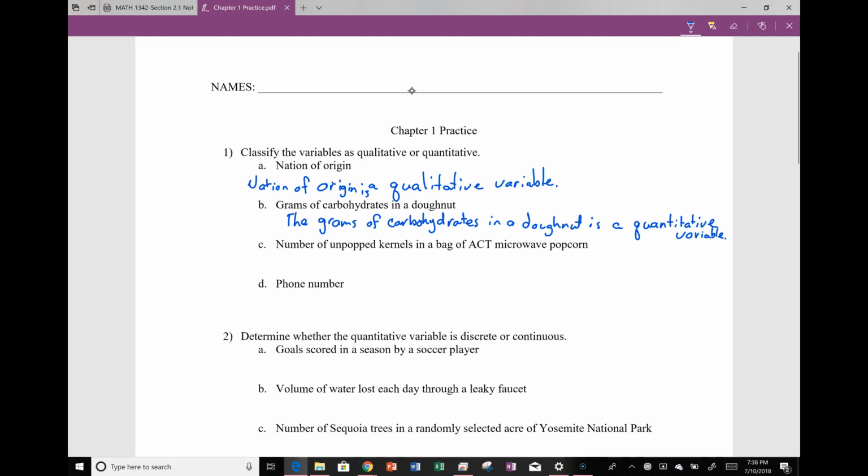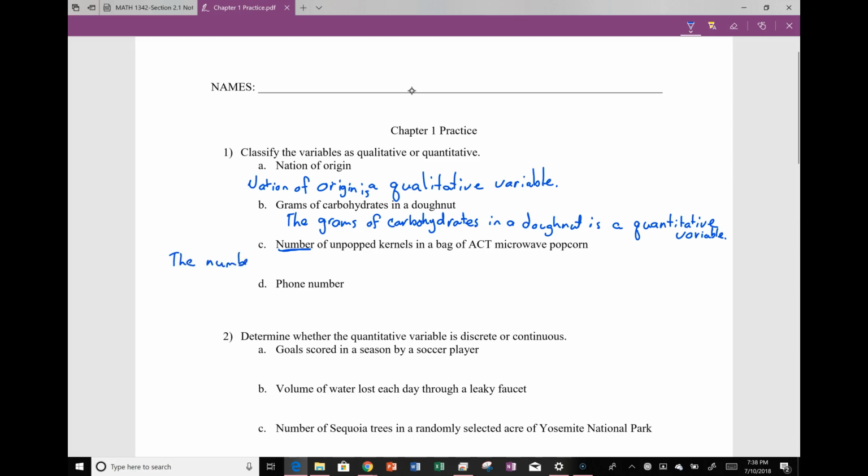Okay? So let's look at number of unpopped kernels in a bag of ACT microwave popcorn. Number of unpopped kernels. Well, first of all, it tells you that it's a number. Can we take the average of the number? Can we say that one bag is more than the other? Yes, we can. So let me start over here.